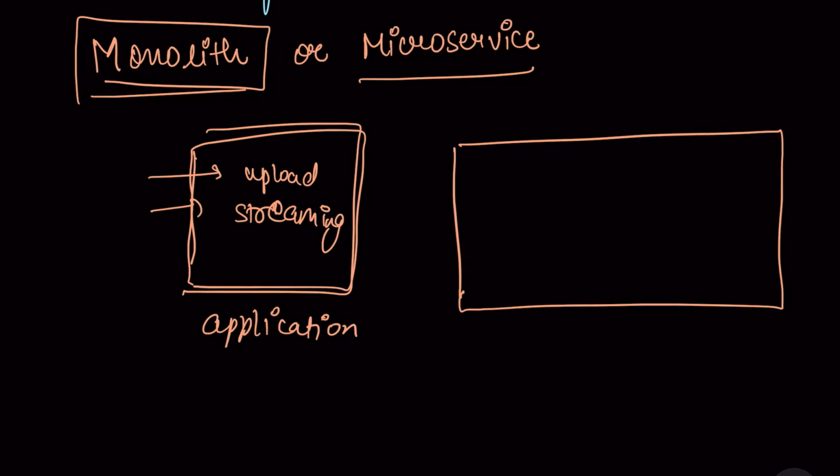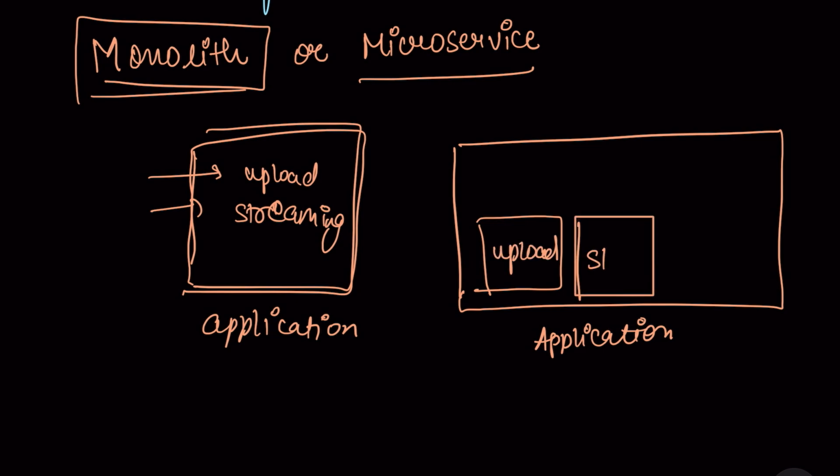Or we can have an example just like this also. So this is an application, and in this application we will have the upload, we will have the streaming and other core features if we include them, such as search or recommendation, like, dislike, all of these. Okay, so this would be a single cohesive system.